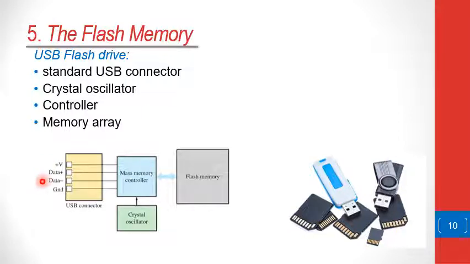That is the positive data line and the negative data line. And the connector connects directly to the mass memory controller, through which it can be used to read the flash memory. And all of this, the mass controller operation, is guided by a clock input, which is provided by the crystal oscillator.